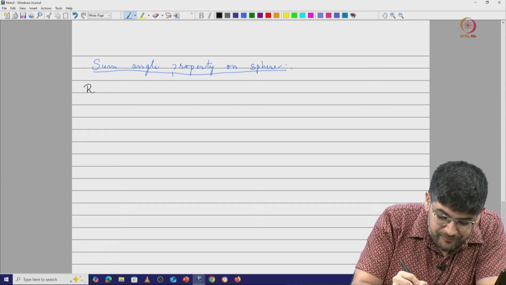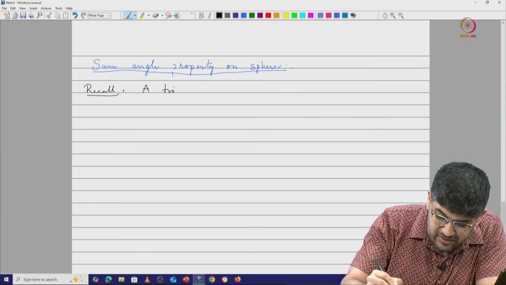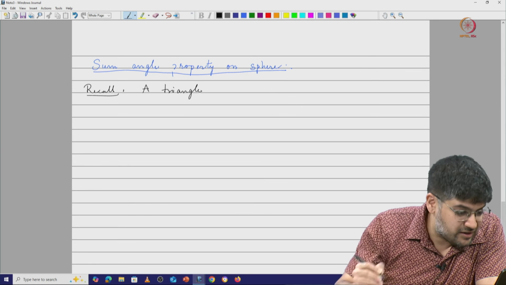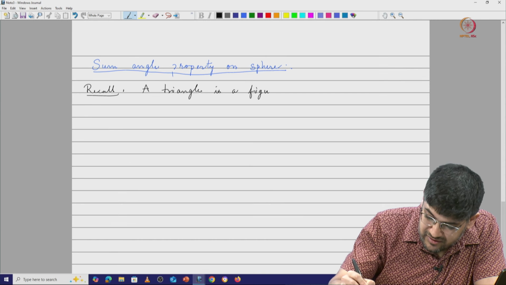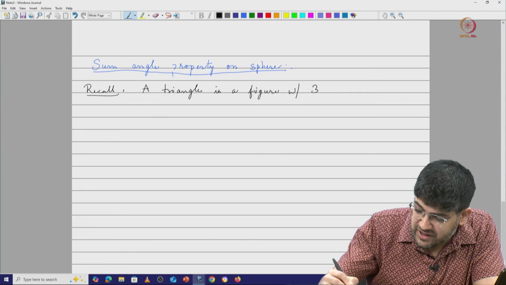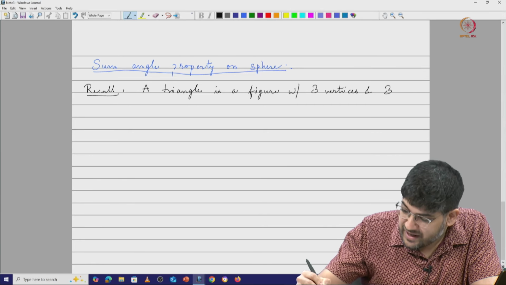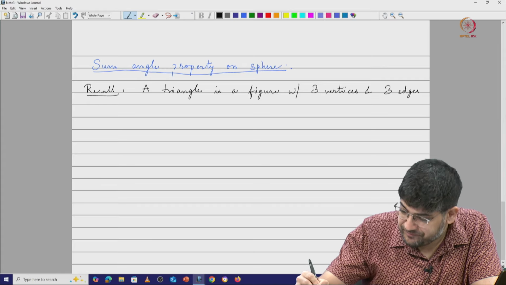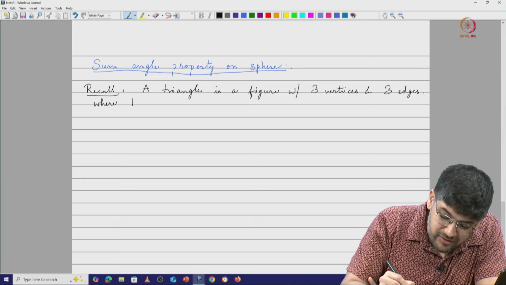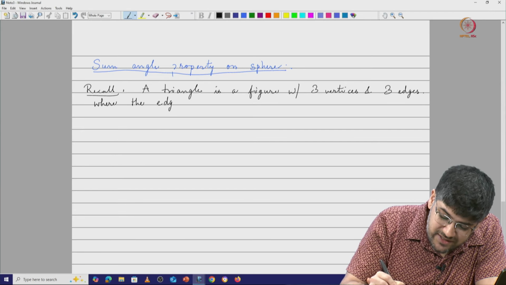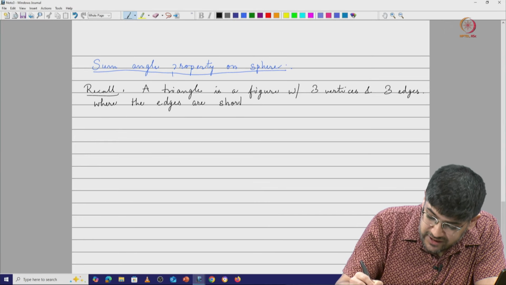So recall, a triangle is a figure with three vertices and three edges, where the edges are shortest paths.